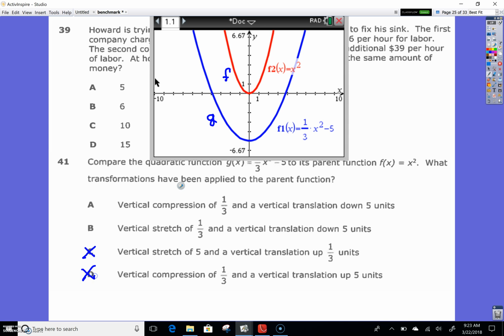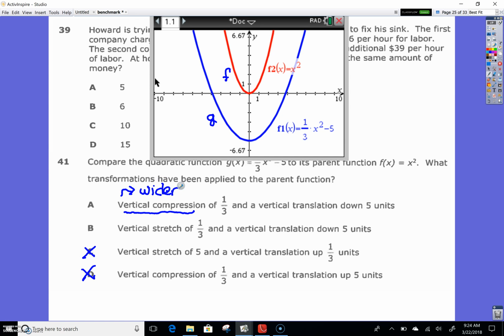So we know these two things are incorrect. And it also got wider. You need to understand that a vertical compression means that you're pushing the graph down, so the graph becomes wider, kind of like a balloon.